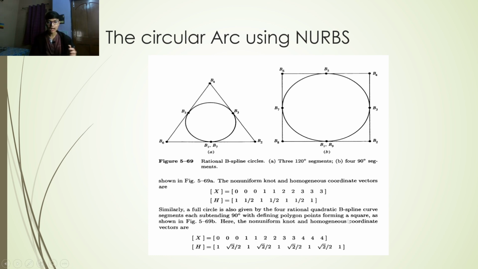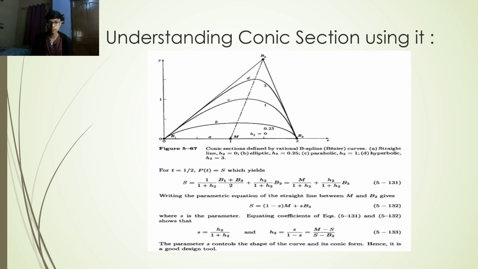We saw how we can implement the circular arc using a NURBS curve. You can also see that, for using 3 control points and by choosing the values of h2, we can definitely get the various conic sections, as we can see from here. That's what I have tried to implement in the MATLAB code. Alright, so that was all about today's presentation. Thank you for your attention.